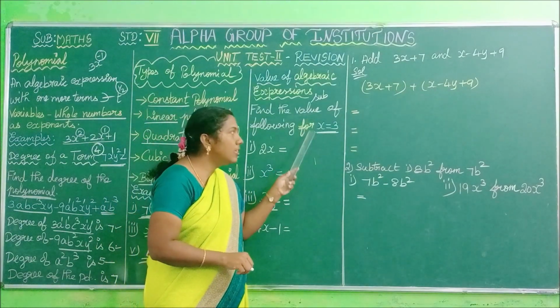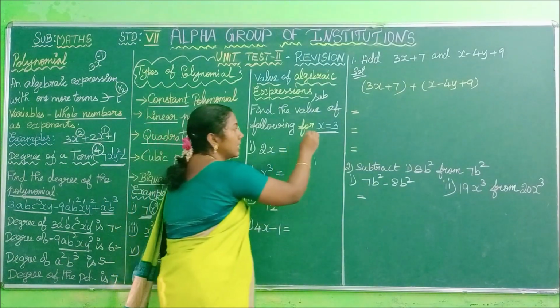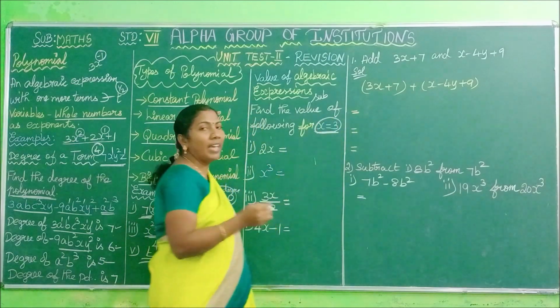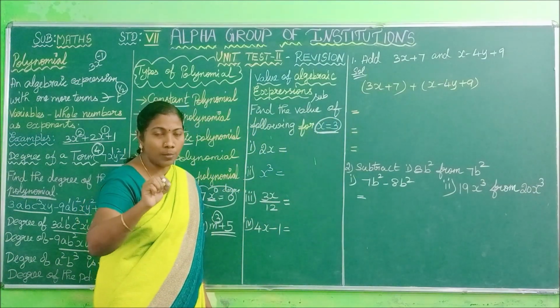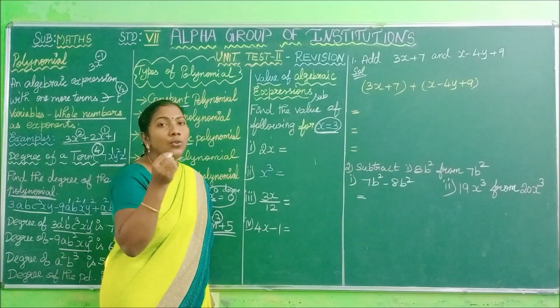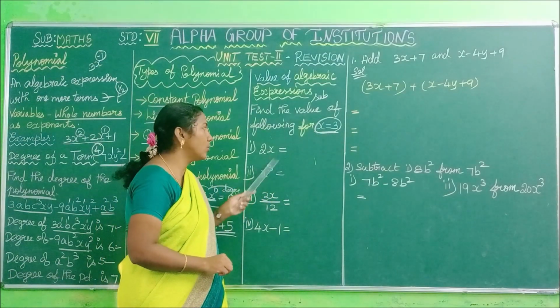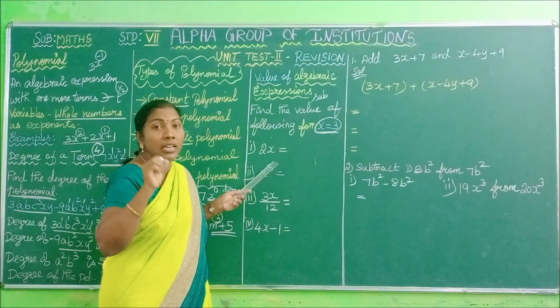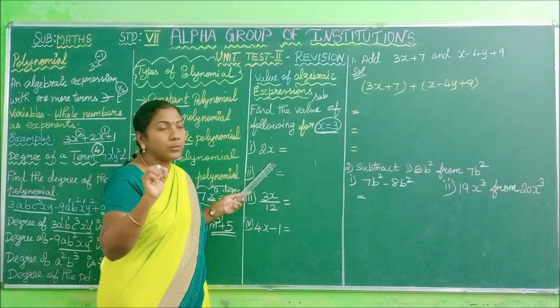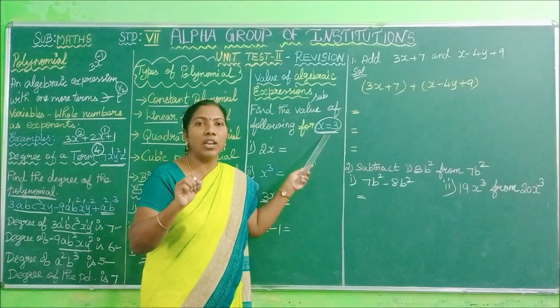In the question they gave x equal to 3, so wherever the variable x comes, instead of x you have to substitute the value 3. Do you understand, children? If you have the variable x, instead of x you have to substitute the given value, which is 3.